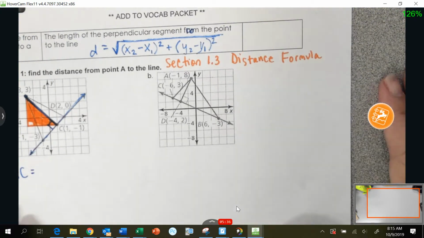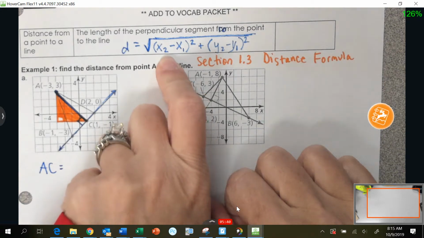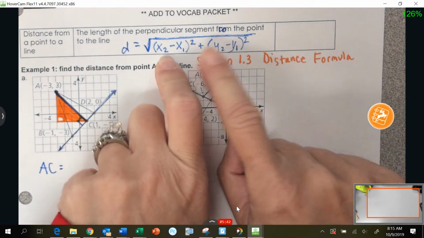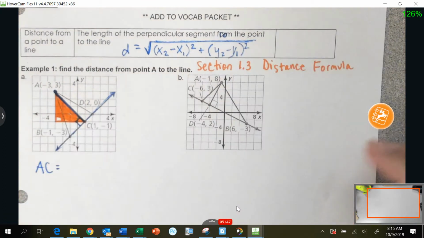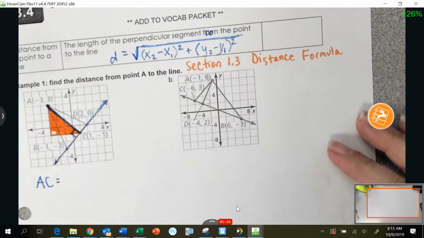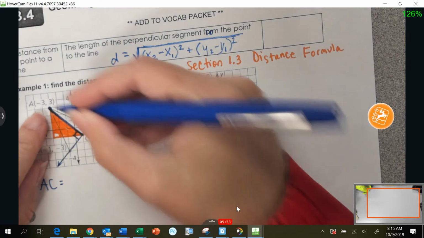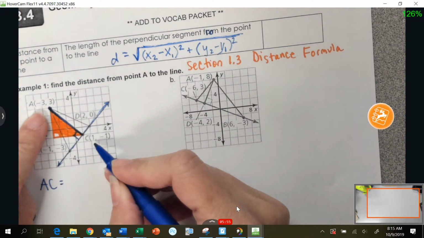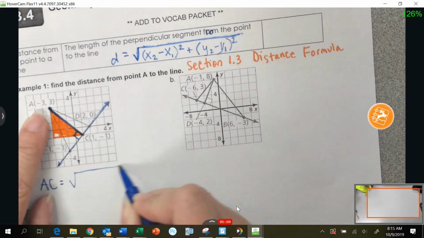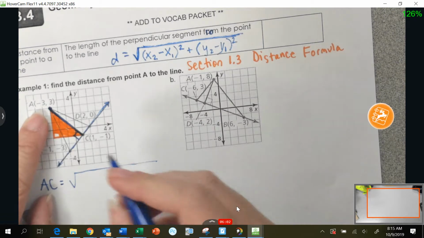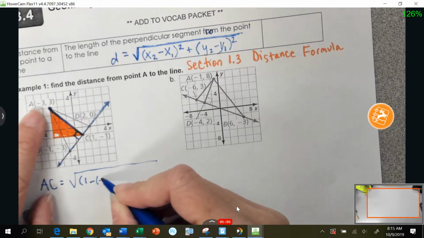So the distance between any two points is you're going to find the difference between the x's and square it, find the difference between the y's and square it, add them together, and then square root that answer. This is the Pythagorean theorem. If I go between my x's, looking at point A and point C, if I subtract my x's, I'm going to have 1 minus negative 3.